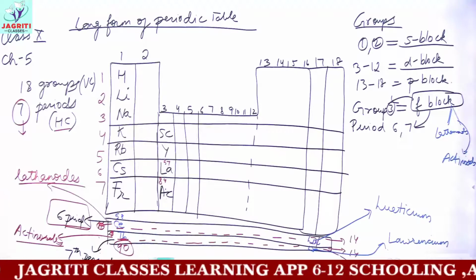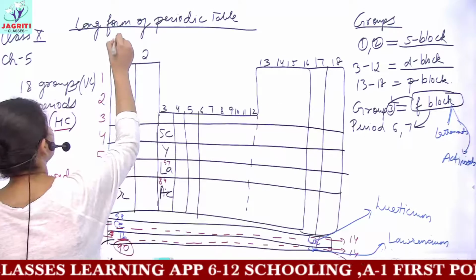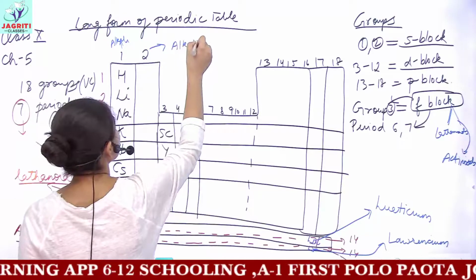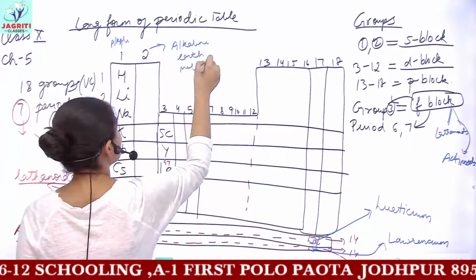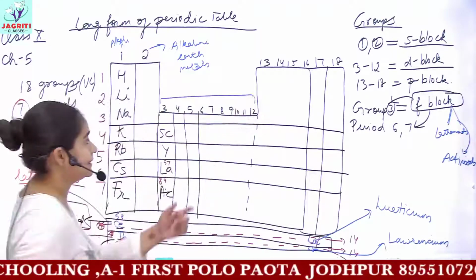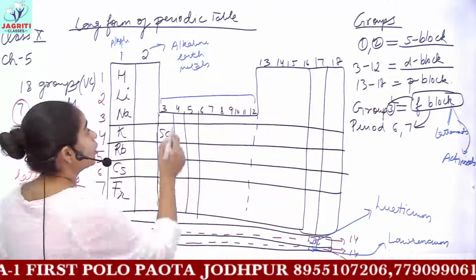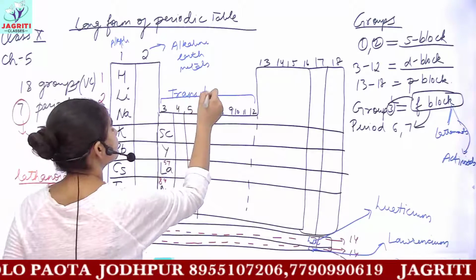Then we have discussed the common names given to the groups. The first group is called alkali metals. The next is called alkaline earth metals. Then the D block, group numbers 3 to 12, is also known as transition elements.